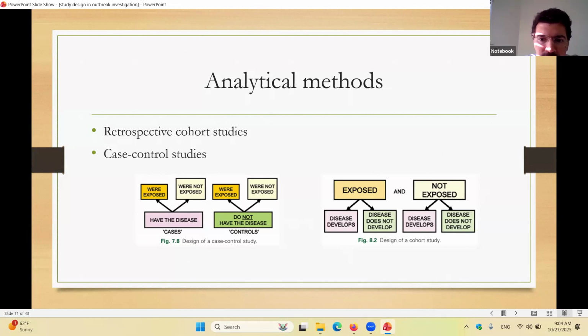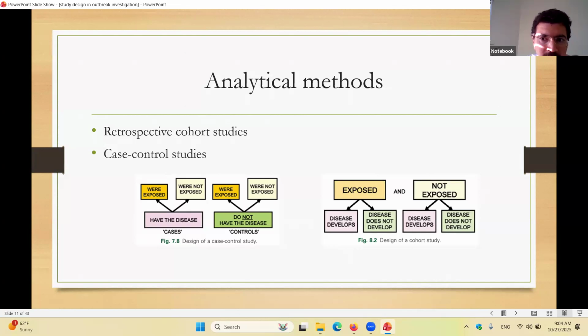You see two diagrams in this slide. The left one is for the design of a case control study, and the right one is for the design of a cohort study. First, the design of a case control study.